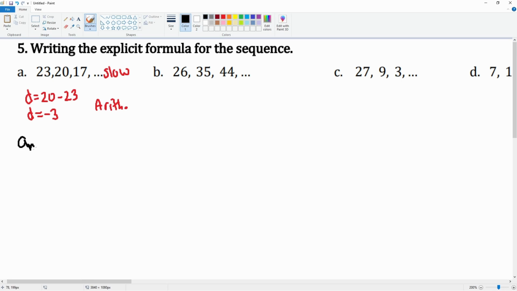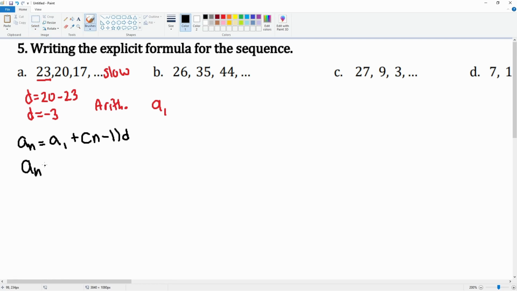It would be an is going to be equal to the first term a1 plus parentheses n minus 1 times the common difference. We have the common difference. All we need here is the first term, a1. Our a1 term is this one, which is 23. So all I have to do is write it now.